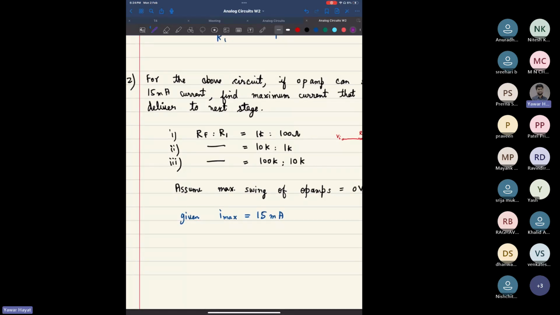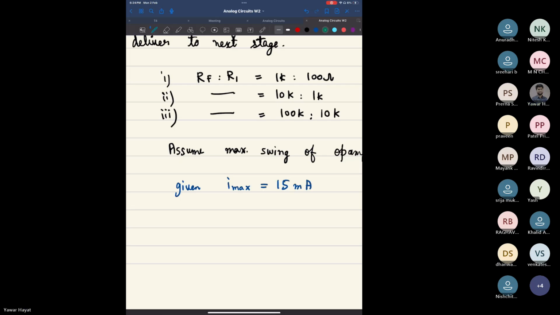Okay, so see your IL max. Your IL max is your I max minus IF max. Do we have to find current for these three cases? Yes, we need to find IL max for these three cases.